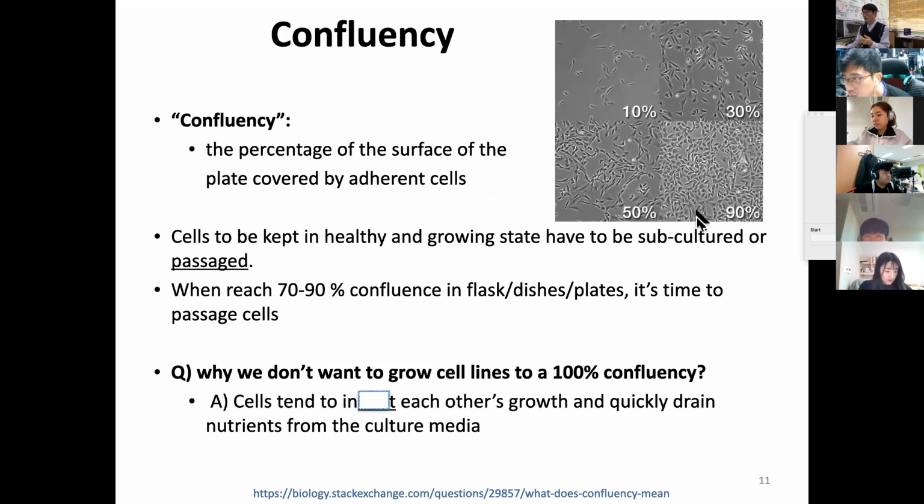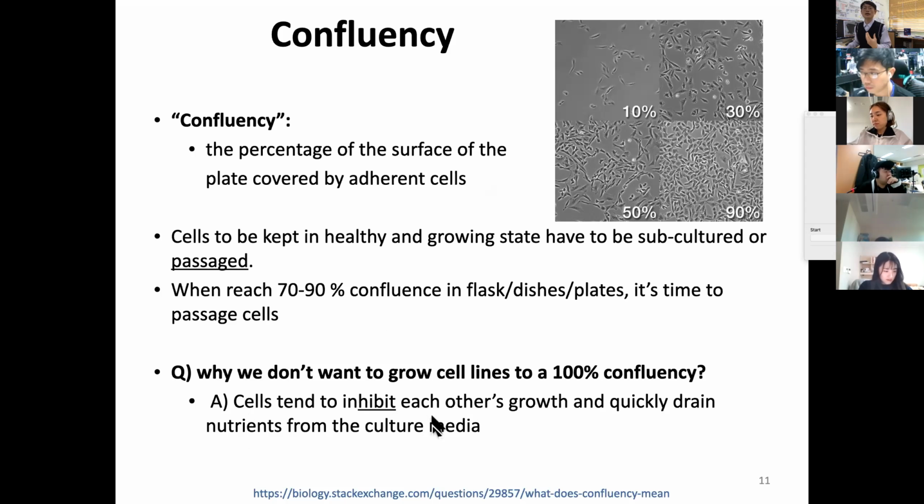So why don't we wait until confluent? Yes, the cell number is high, but cells tend to inhibit each other's growth, as I said, contact inhibition. And because there are a lot of cells, they quickly drain nutrients. That means you have to change the culture media even faster, okay?